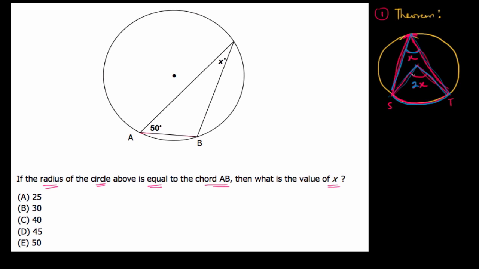You can see they are brothers, but the one at the center seems to be the elder brother. I'm going to use this information in solving this problem. We're given that the radius of the circle is equal to the chord AB. So I'm going to draw a line here.